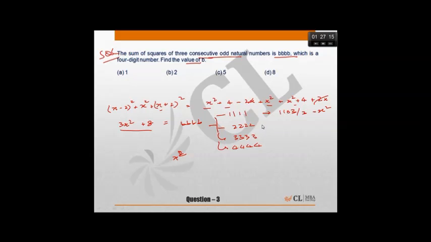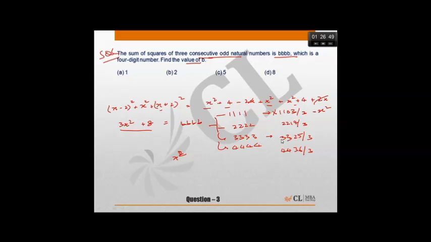This should be 2222 minus 8, so 22 minus 8 is 14. So 2214 divided by 3 should be x square. This should be 3325 by 3, and this should be 4436 by 3. Now 3 4 5, this is not a multiple of 3, so this cannot be the answer because x has to be an integer.